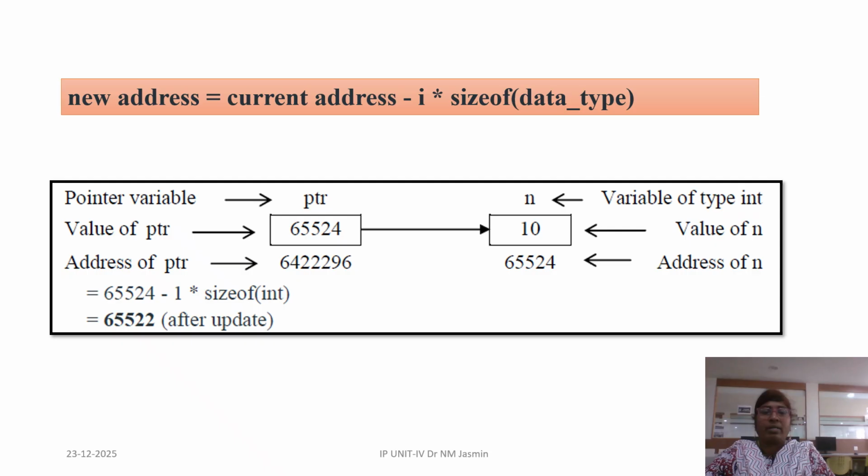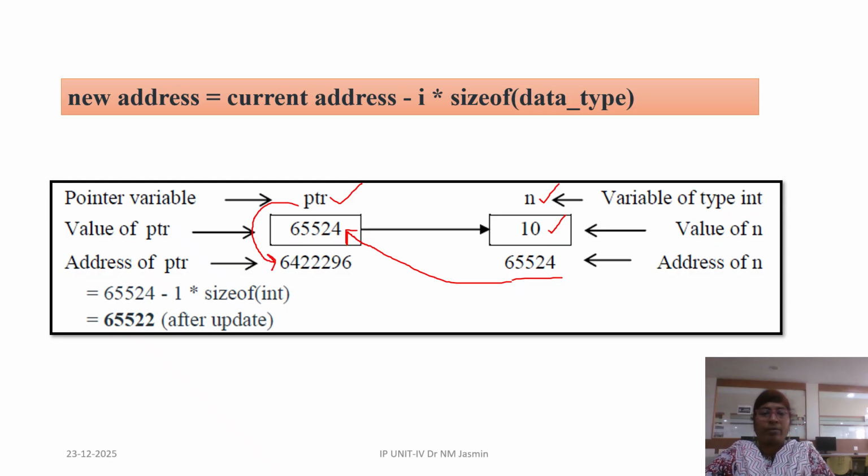Now how to calculate the new address from the current address? If you observe here, variable n is equal to 10, and the compiler provides an address for this variable, and this address is held by this special variable called pointer, and the compiler also provides an address to this variable.